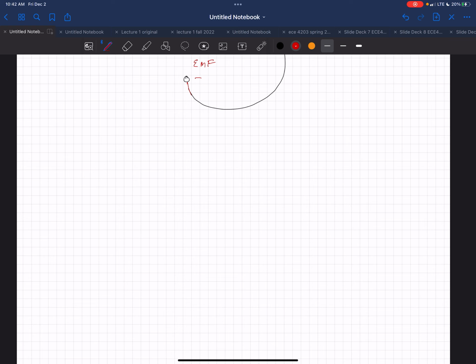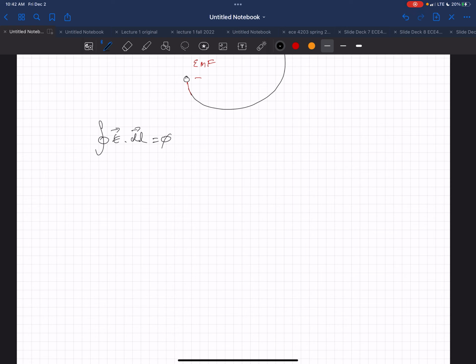Okay, so if there was no magnetic field and you took the integral of the electric field around a closed loop, you would always get a zero. Because when you have an electric field, if you go along any path and get back to where you started, you have done zero work.